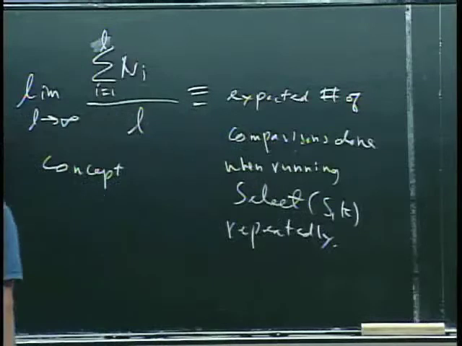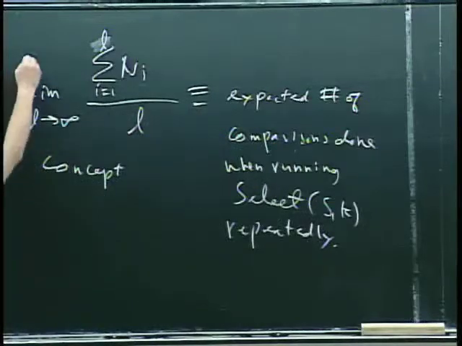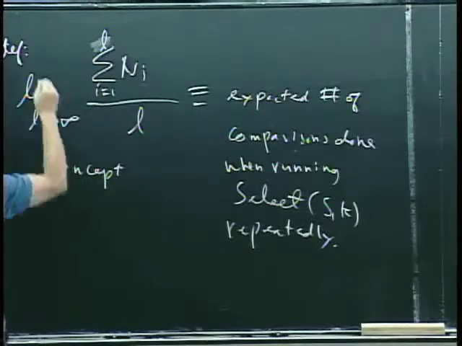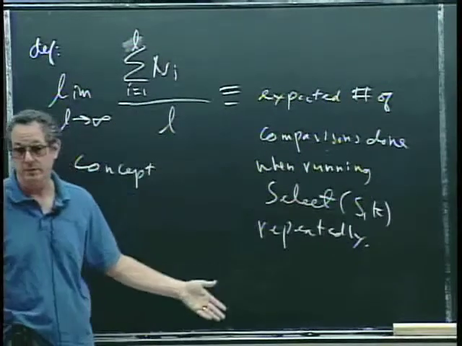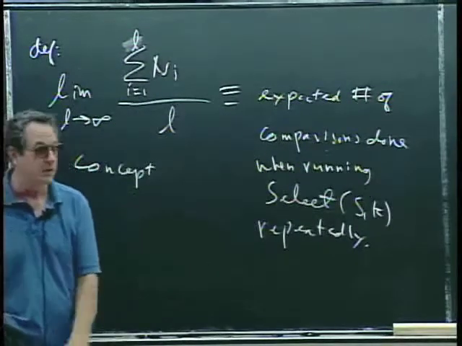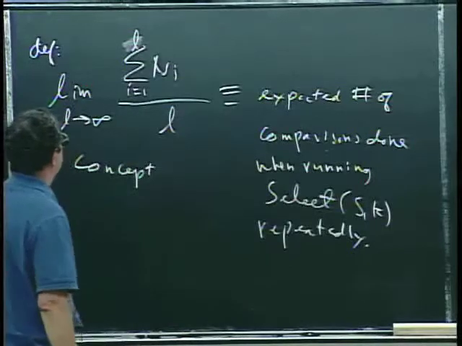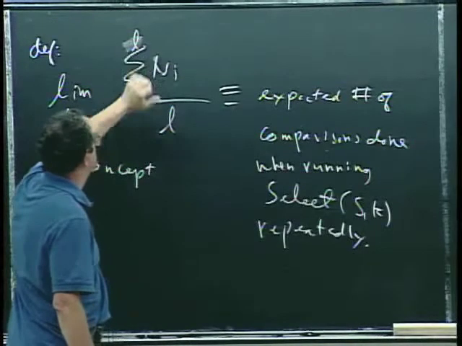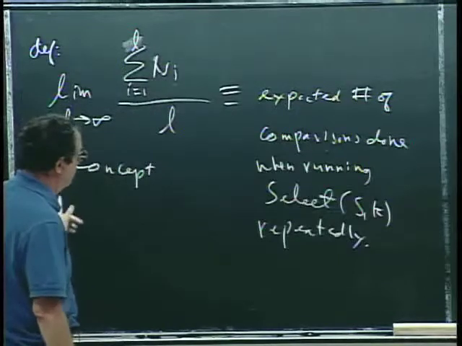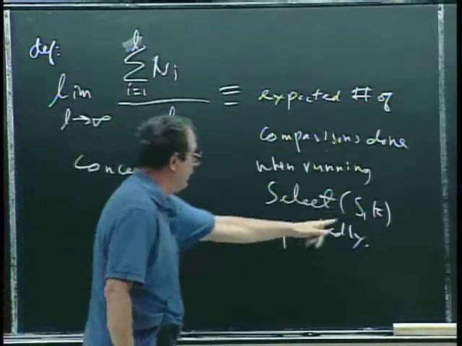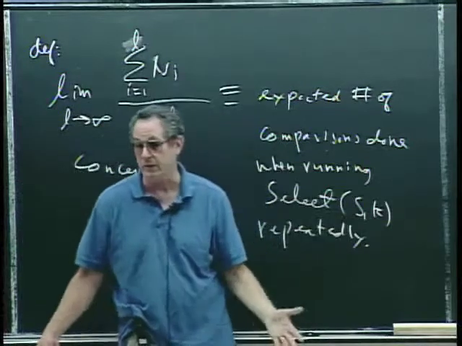So this is a definition. This is what I'm going to use as my definition of the expected number of comparisons. We'll leave it at that. But in this definition, S and K are fixed.